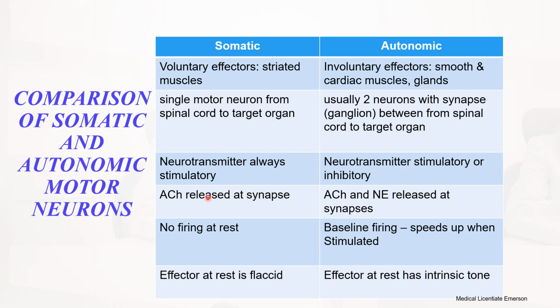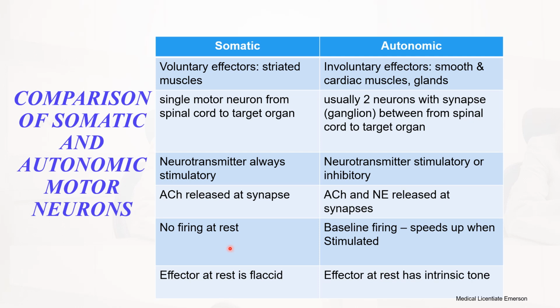In the somatic nervous system, acetylcholine, which is ACh, is released at the synapse, whilst in the autonomic, acetylcholine and NE are the neurotransmitters released at synapses.